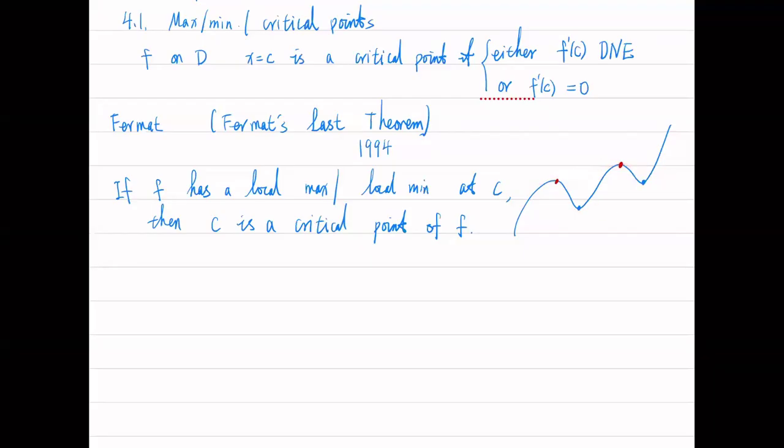A special case: is it possible at some critical point that the derivative doesn't exist? Again, do you have an example? Sophia, do you have an example where the derivative doesn't exist? Absolute value. Okay, if it's a straight line, the slope is 0. Here, the slope is positive. The slope always exists.